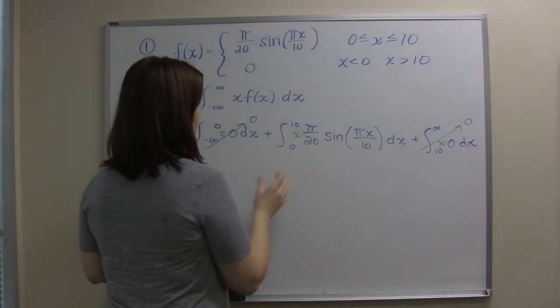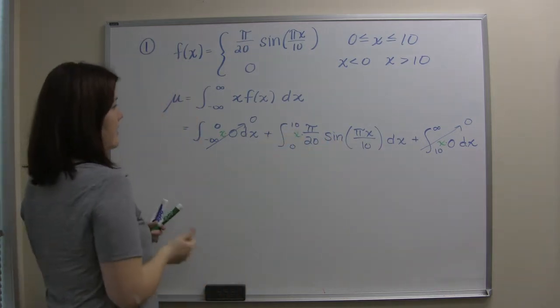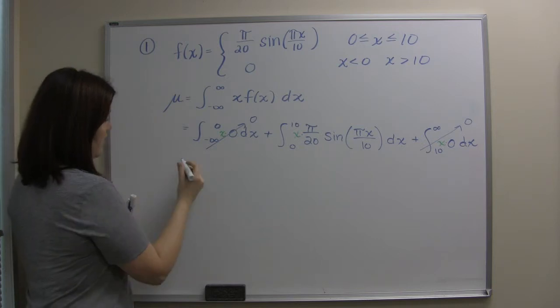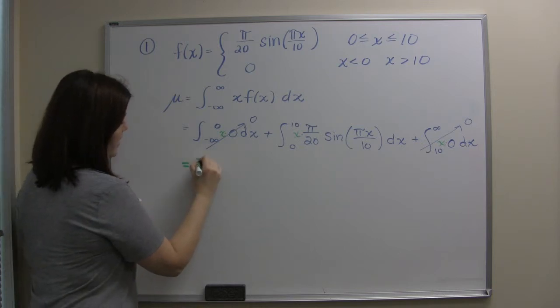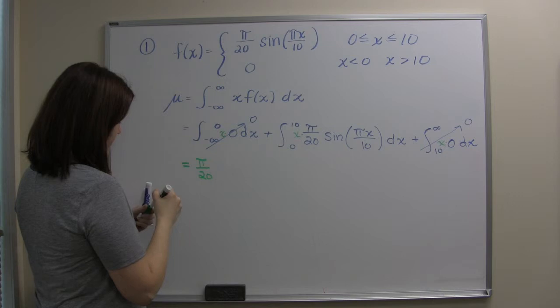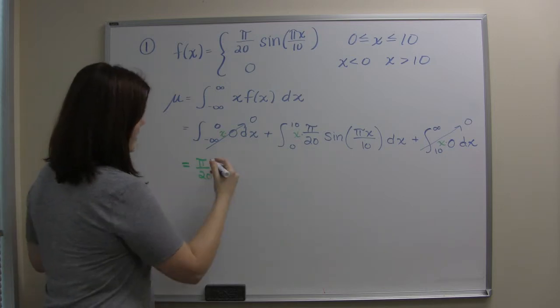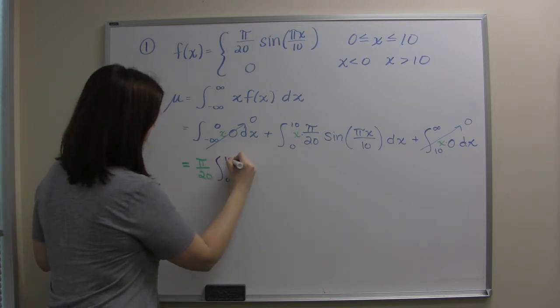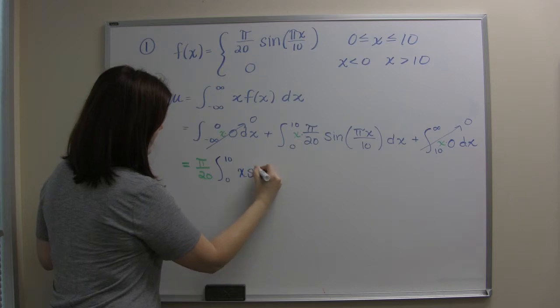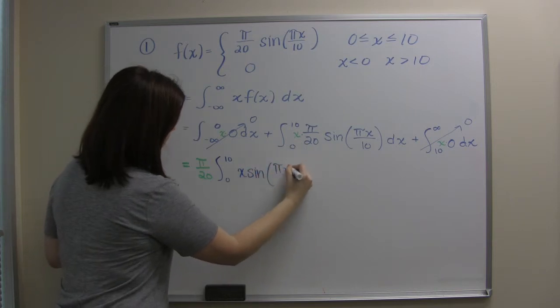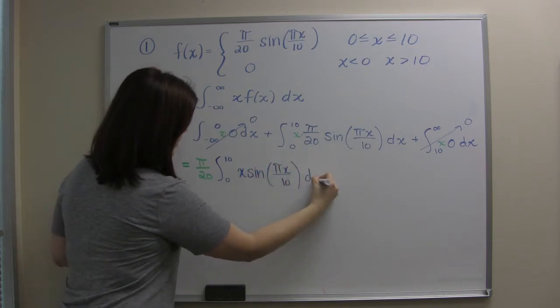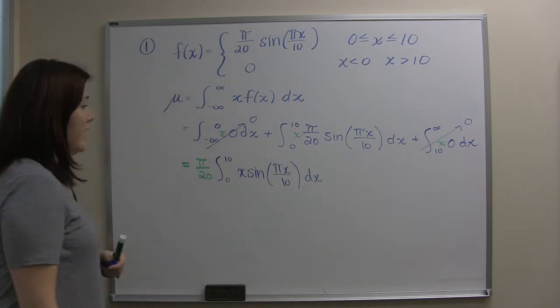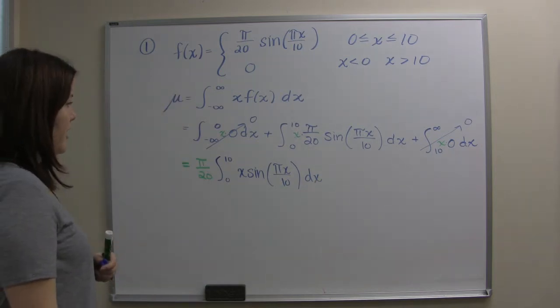So let's take a look at this guy with the x in it so that we can actually compute the mean. So I'm going to take pi over 20 out as a constant and look at the integral from 0 to 10 of x sine pi x over 10. Again, this is a good candidate for integration by parts.